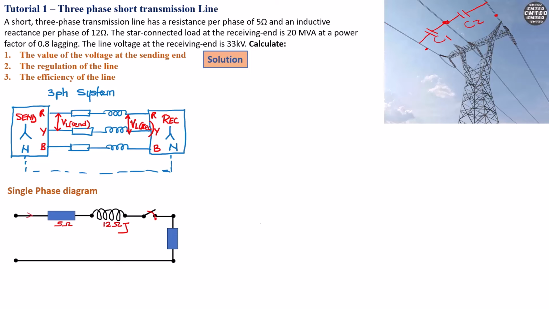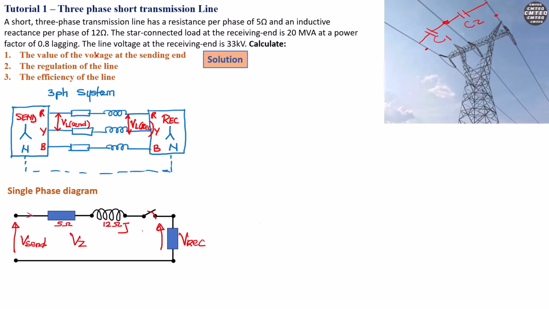When the switch is closed, you're going to have a voltage here at the receiving end, known as V receiving. At the sending end, we also have a voltage that we call V sending. Across the line, we've got a voltage drop caused by the impedance of the line, and that voltage is known as Vz.